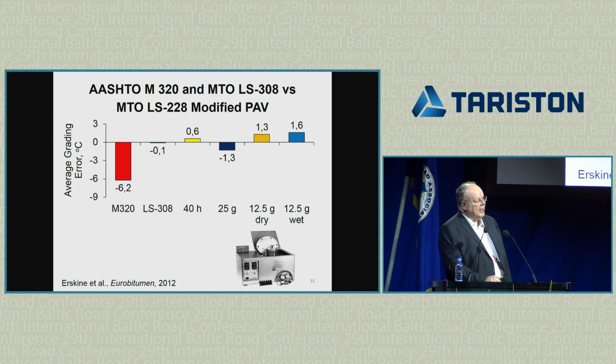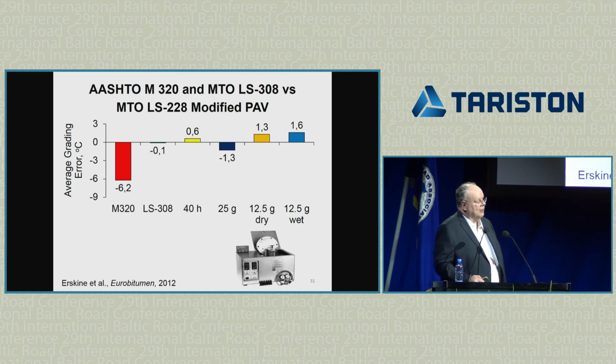Finally, LS228 is the modified PAV. If you age your asphalt binders for longer in thinner films, or in even thinner films, dry or wet, you can reduce the error in your grade determination, compared to what it is after 8 years in service, quite dramatically.